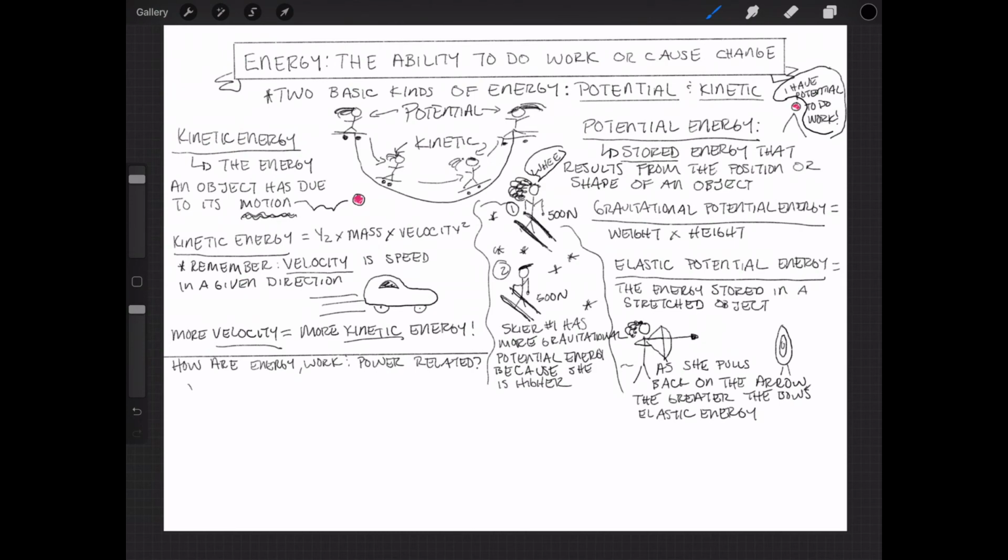So let's think about that. Remember that work is the transfer of energy. Okay, work is the transfer of energy, and power is the rate at which energy is transferred.